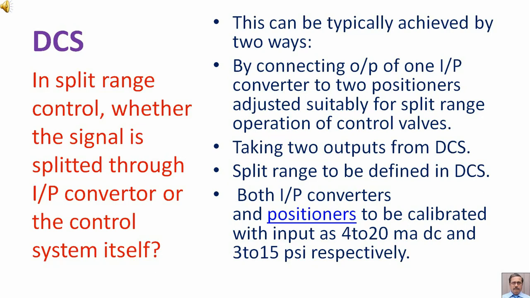Split range is to be defined in the DCS. Both IP converters and positioners are to be calibrated with inputs of 4 to 20 mA DC and 3 to 15 psi respectively.